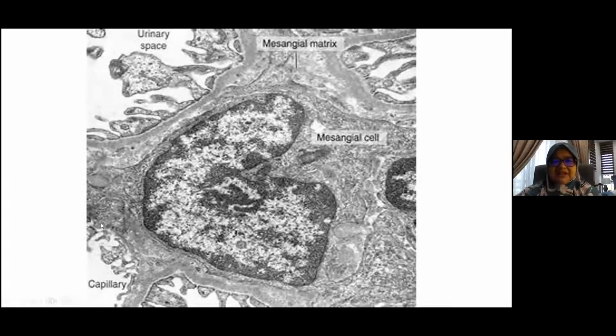As we can see here, these are the mesangial cells, and the mesangial cells have cytoplasm, so we can see the cytoplasmic processes within the mesangial matrix. These are the foot processes from the podocytes, and this is the urinary space. This is the external surface of the glomerulus, into the urinary space.